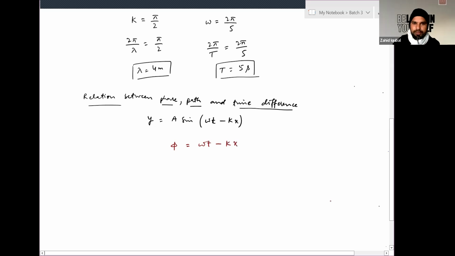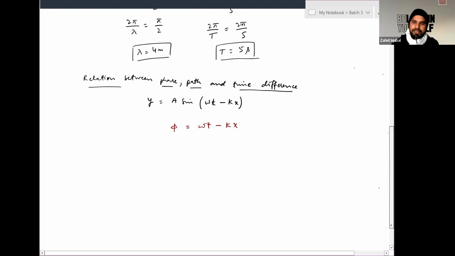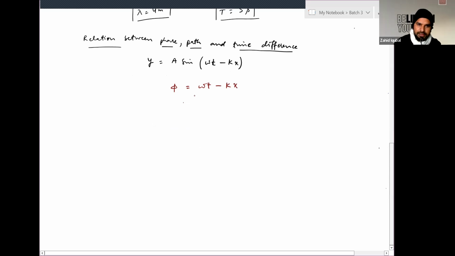This phi depends upon two different factors. One is time dependent and the other is position dependent. So let's say in the first case, t is constant. For t constant, phi1 equals omega times t minus k x1 at some position x1, and phi2 equals omega times t minus k times x2 at some different position x2.